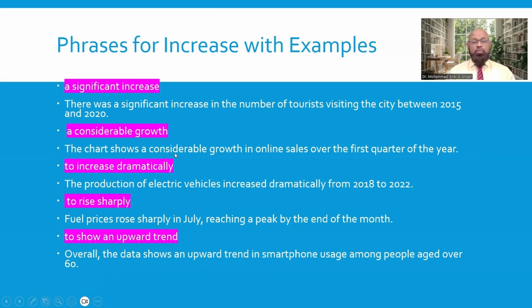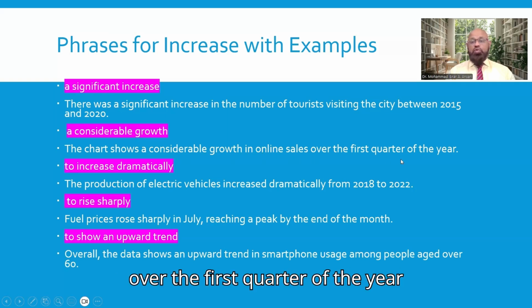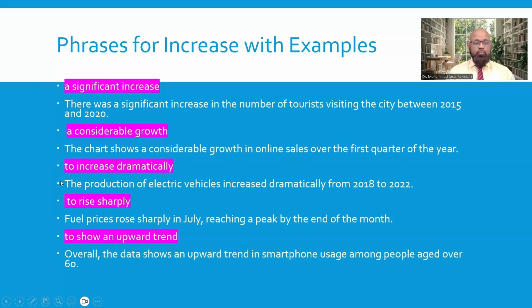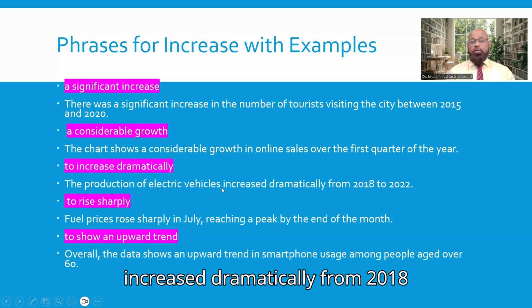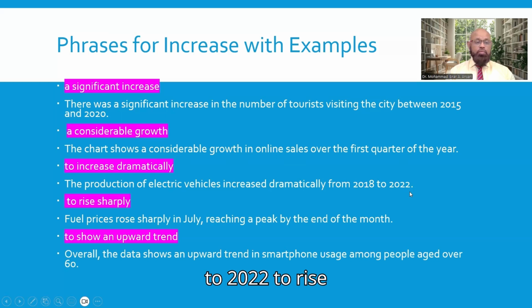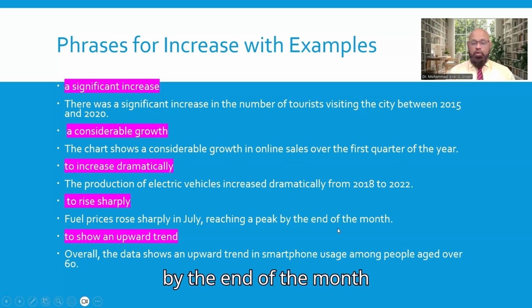The chart shows a considerable growth in online sales over the first quarter of the year. To increase dramatically. The production of electric vehicles increased dramatically from 2018 to 2022. To rise sharply. Fuel prices rose sharply in July, reaching a peak by the end of the month.